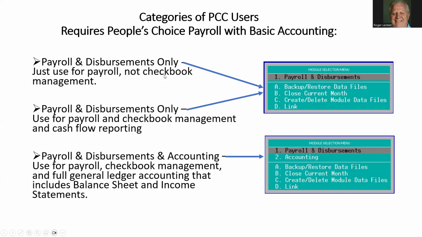And so those people would be the ones that would get the payroll with basic accounting. And the other would be you actually have added accounting and you are keeping a trial balance in a general ledger, but you still aren't using receivables. So those particular users, all they need is the basic accounting.